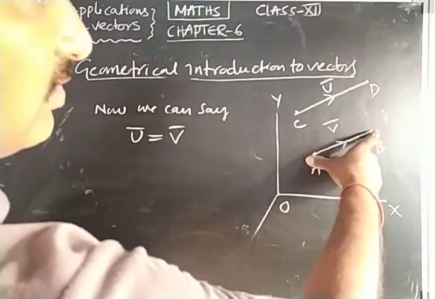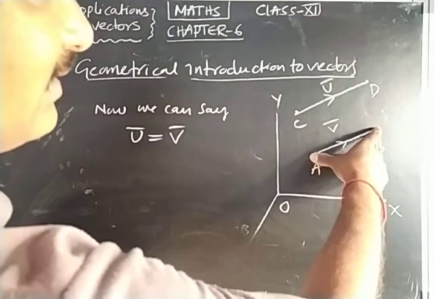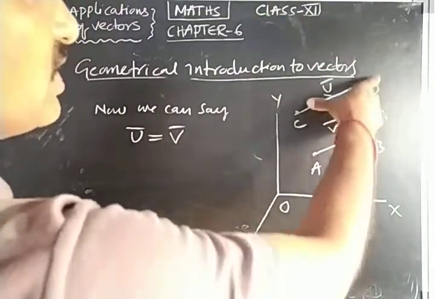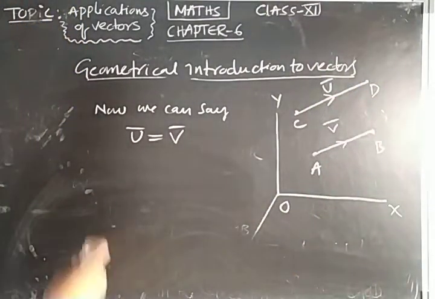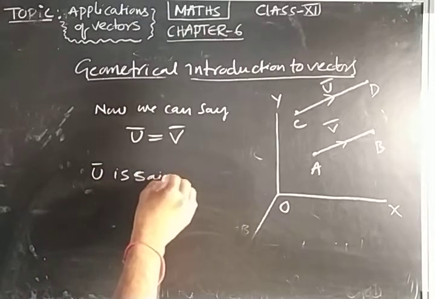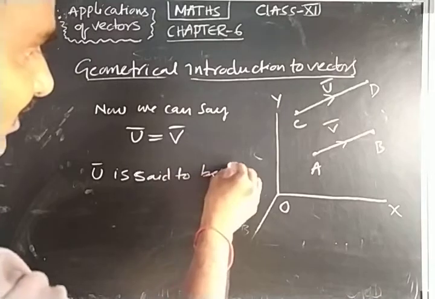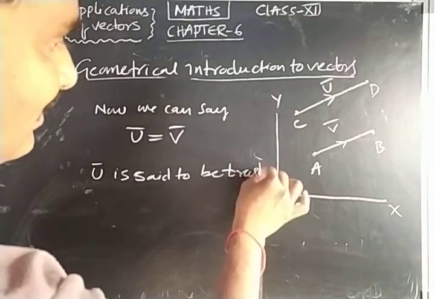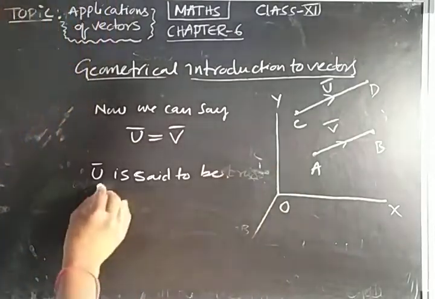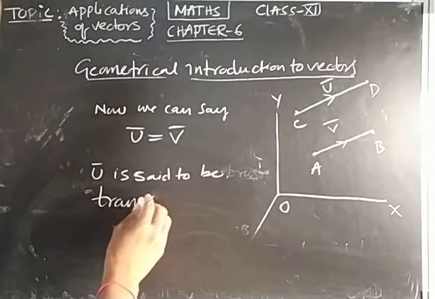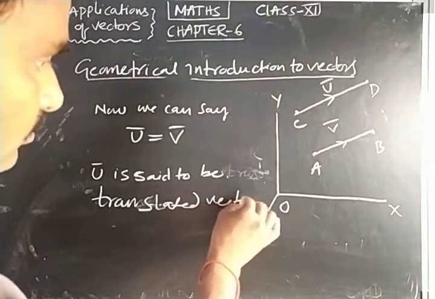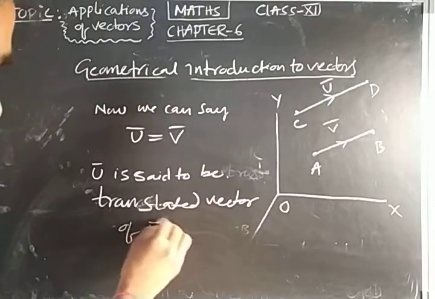That means in the 3D space we can translate a vector from one place to another place. Okay, so here U bar is said to be a translated vector of V bar.